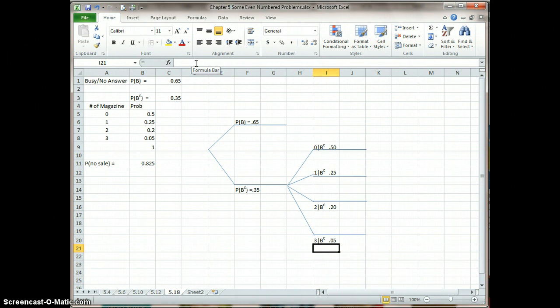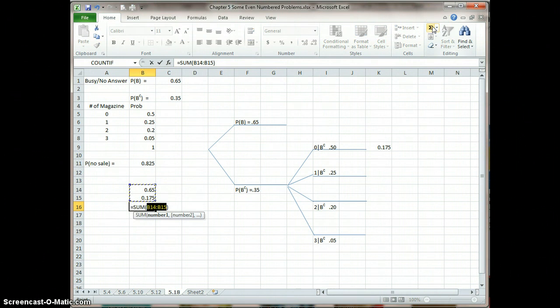And the question is, again, what's the probability of no sale? And in this case, I'm going to calculate that by going equals 0.35 times 0.5, and that gives me 0.175, and I take that and add it with the 0.65, and so you see there that it's 0.65, 0.175, and add those two together, and it's still the 0.825 that we saw the other way.